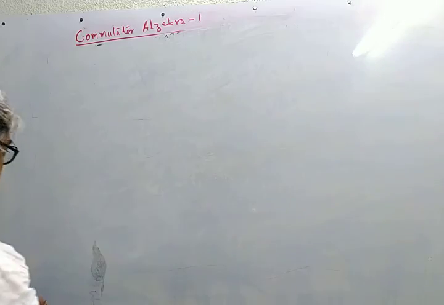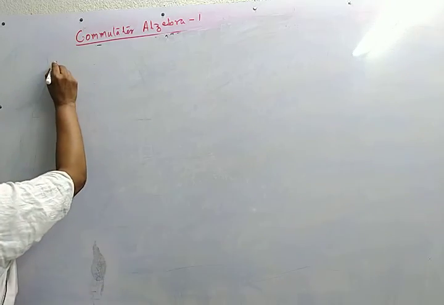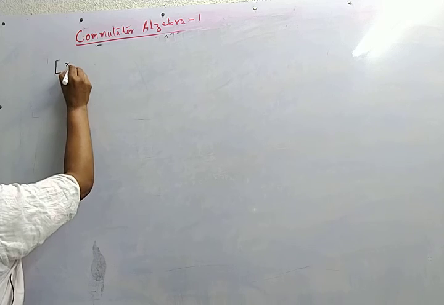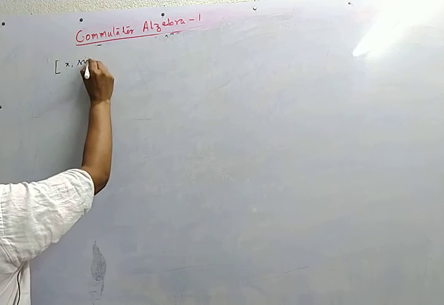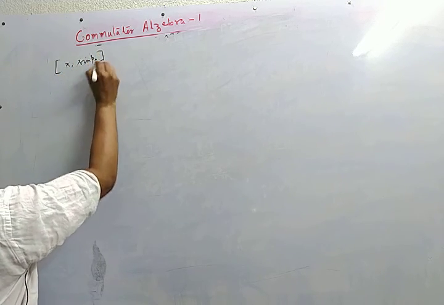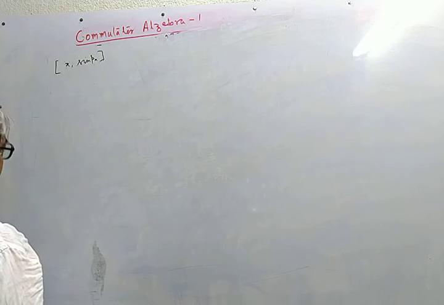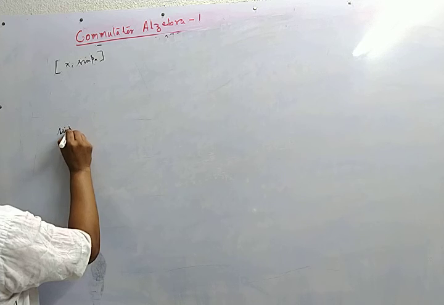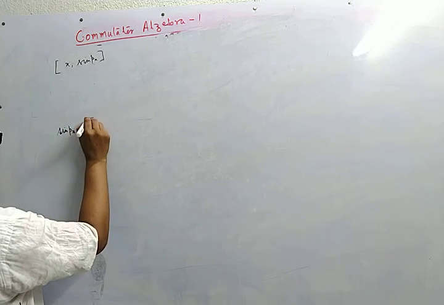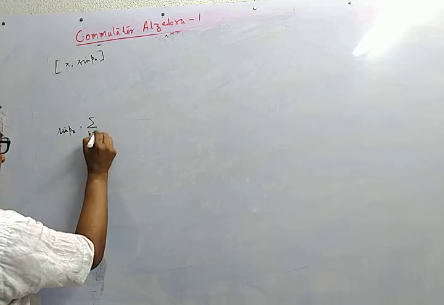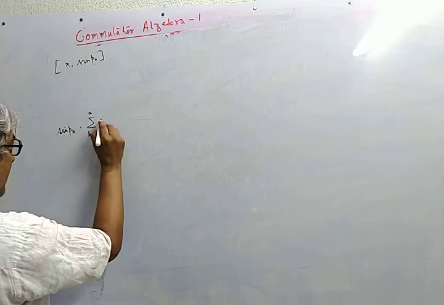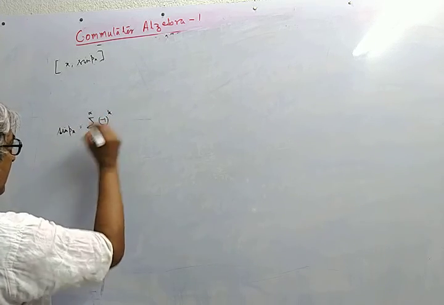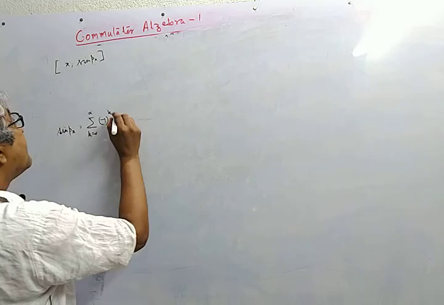Let us calculate such an operator, the commutator of x with sine of px. Now we know the sine of px can be expanded in a power series, summing over k starting from 0.